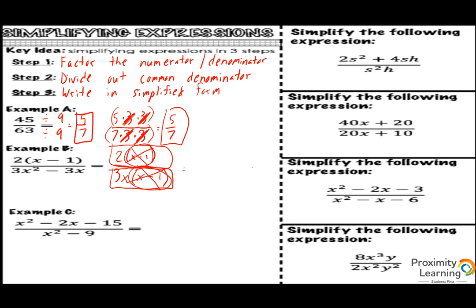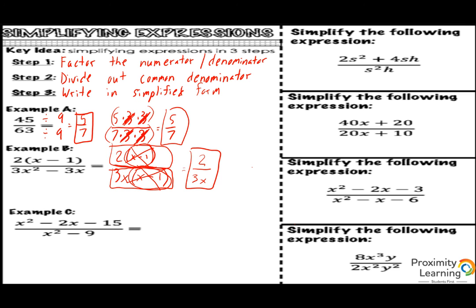Now we're going to rewrite it in simplified form. In the numerator, we have a 2 left, and in the denominator, we have a 3x left. So that is it. That is our simplified rational expression for 2 times x minus 1 all over 3x squared minus 3x.